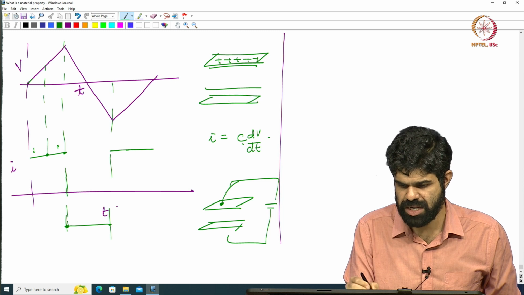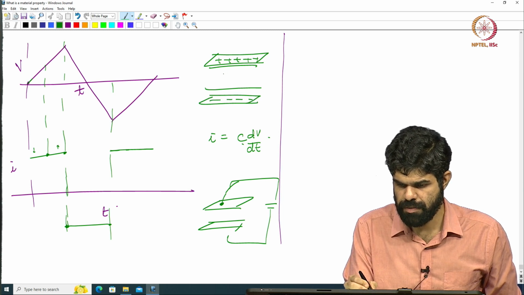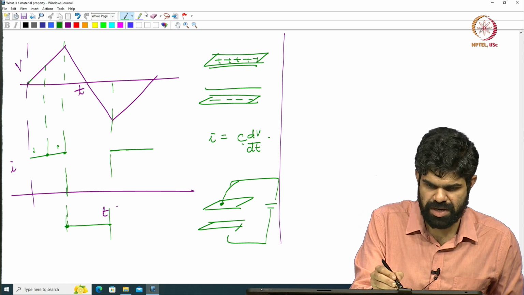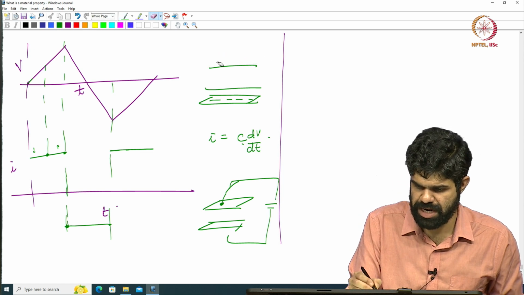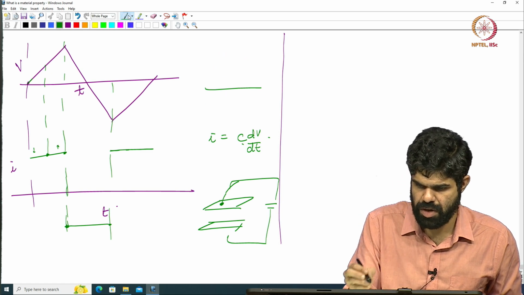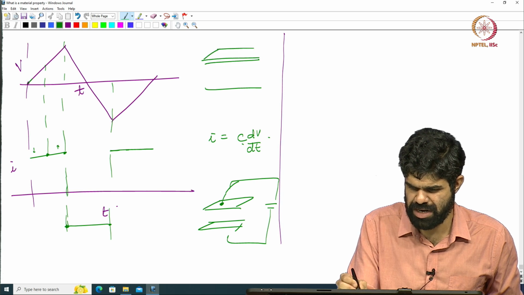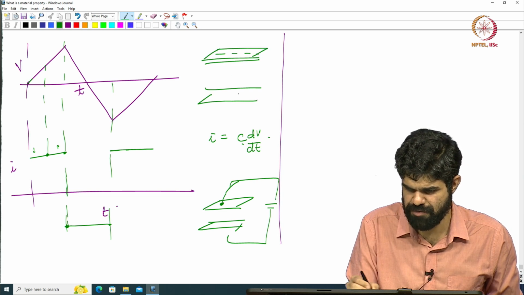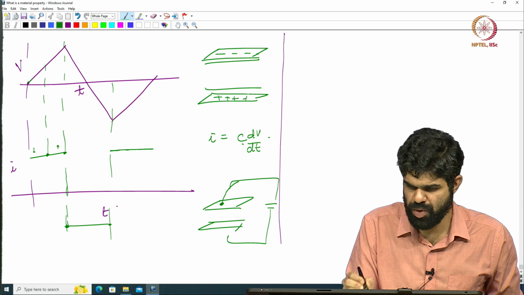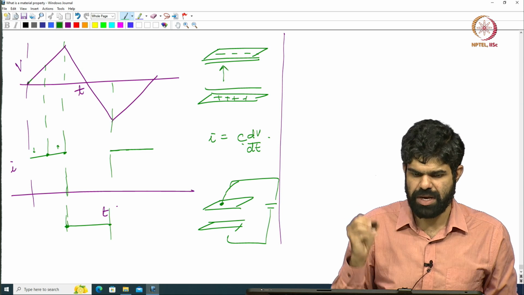So, initially this has negative charge, and there is a polarization which is the other way around. So, let us say it has a negative charge. This discussion we did a bit earlier. I have negative charge here and I have positive charge here, which means that the polarization is pointing up, right.